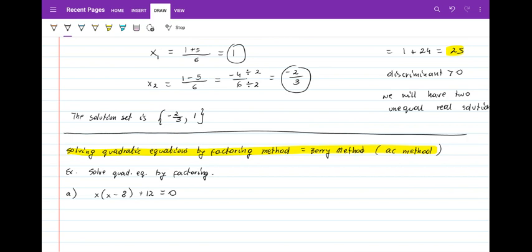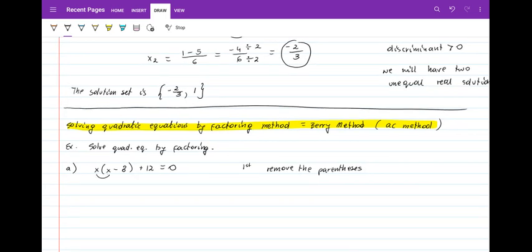So, of course, first what you want to do, you want to remove the parenthesis. So first, remove the parenthesis. So we're going to distribute that x. That will give you x squared minus 8x plus 12 equals 0.